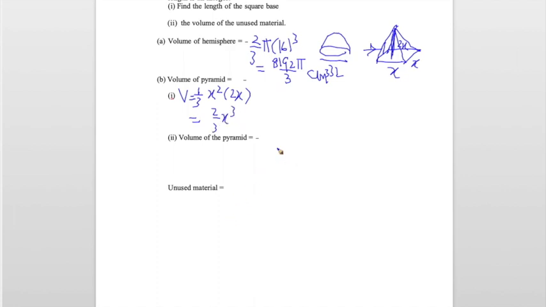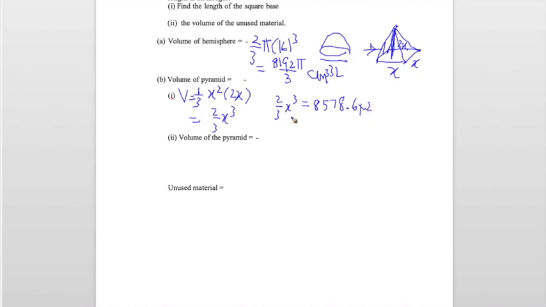Now this is the volume of the pyramid. Now since this has to be equal to the value here, which when we work this out is 8578.642.